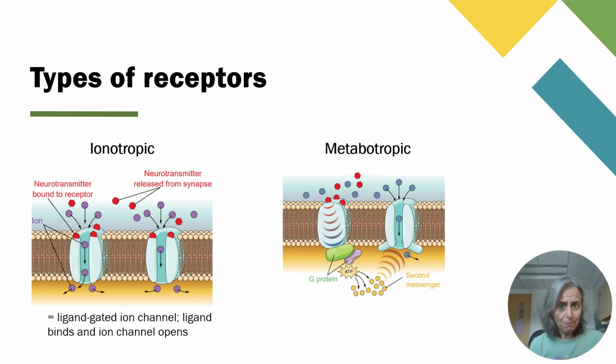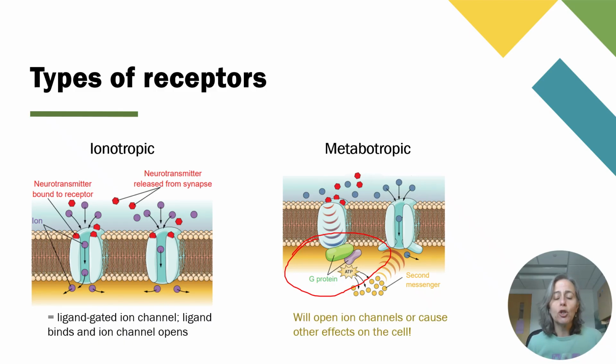Then we have the metabotropic, otherwise known as G protein coupled receptors, because they have a G protein that is attached or coupled to them. What that is going to do is trigger a cascade of actions via what's called a second messenger, right? So it's like, okay, you gave me the message, and I'm going to pass it to this other guy, and he's going to take it to the next thing.